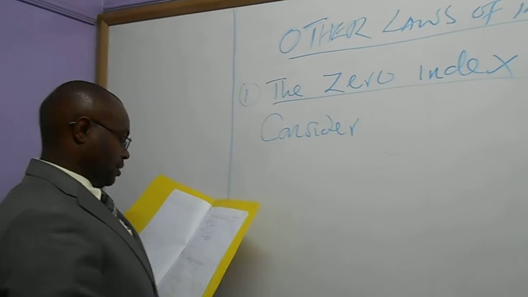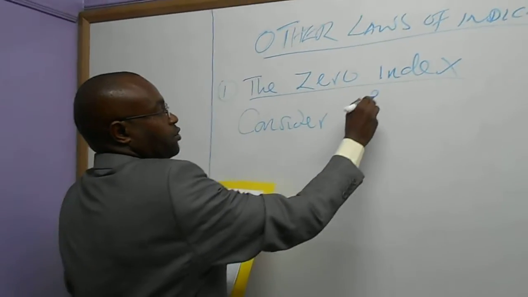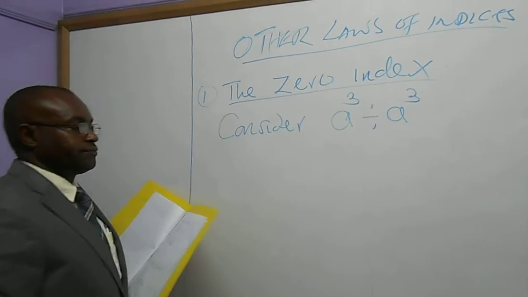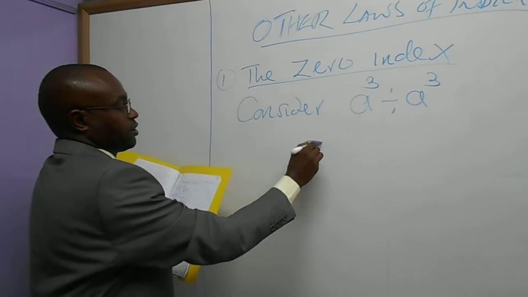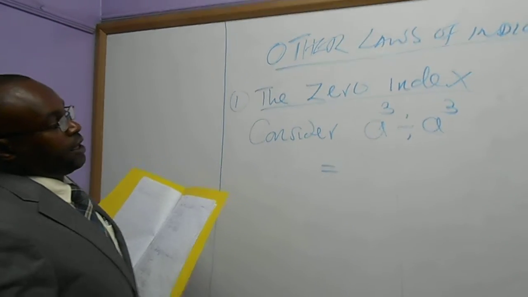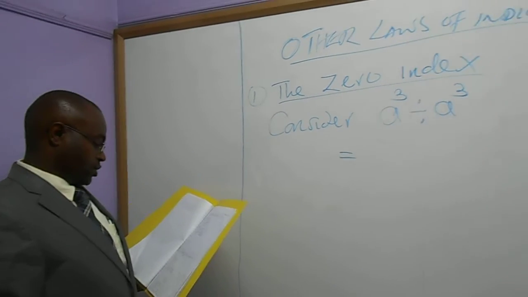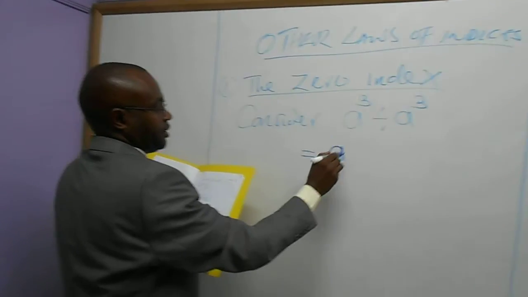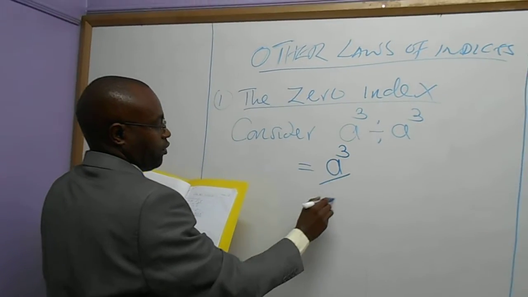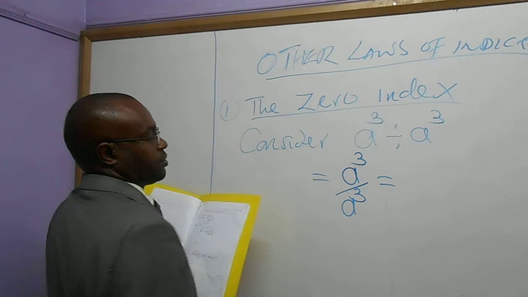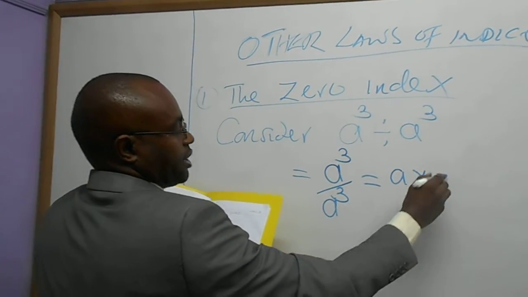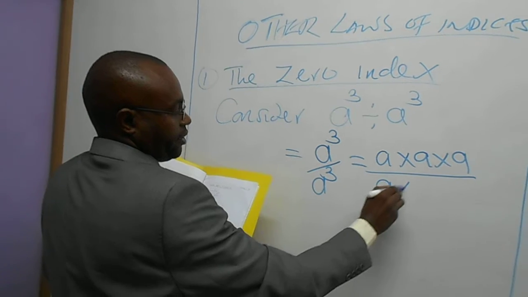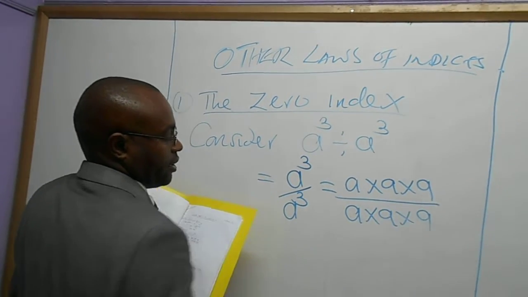To understand this, consider if you are given a raised to 3 divided by a raised to 3. To work this one out, you can use our understanding and say a raised to 3 over a raised to 3 is the same as a times a times a, divided by a times a times a.